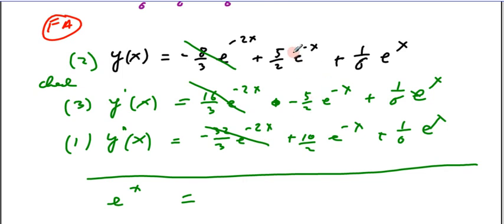I've got 5. I've got 10 halves. I got minus 15 halves. So I have positive 10 halves, positive 10 halves, minus 15 halves. That term doesn't look like it's going away. 10 halves, 10 halves.